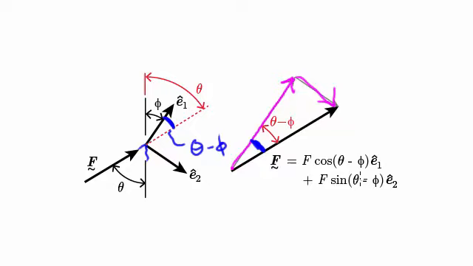And then to get the pluses and minuses right, notice this e hat 1 component is in the positive e hat 1 direction, so I don't need a minus sign right there. And then notice also that the e hat 2 component of my vector is in the e hat 2 direction. So again, I get a plus sign right there. And therefore this is my solution, so I'll stick with it.